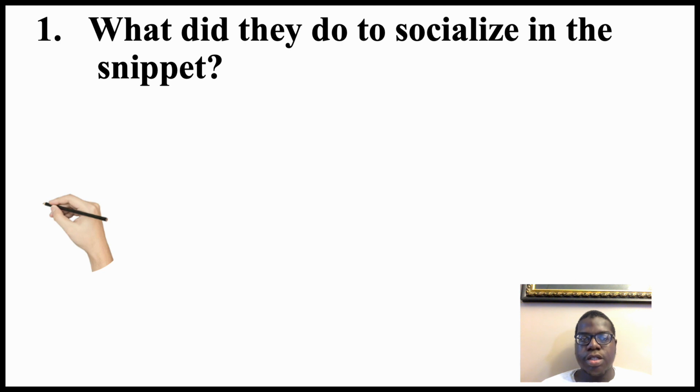Read the question. Question 1. What did they do to socialize in the snippet? Now think back to the snippet. 2 people were in a room together. Write the answer.